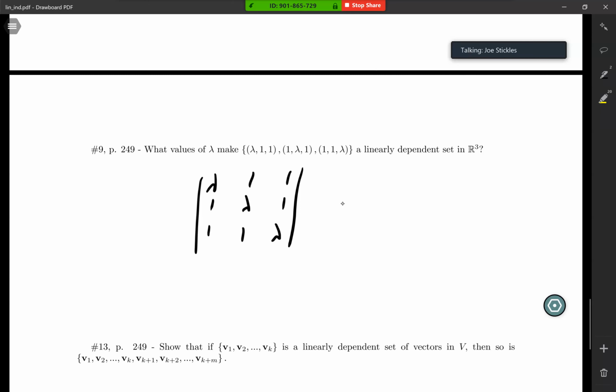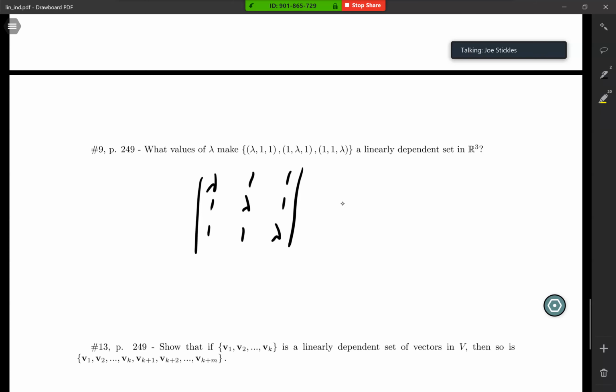Remember, to show that it's linearly independent, we would need a pivot in every column. Well, if I get a pivot in every column, it also gives me a pivot in every row, which means it's row equivalent to the identity matrix. When I row reduce, I would get the identity matrix, which would mean that the matrix is invertible.